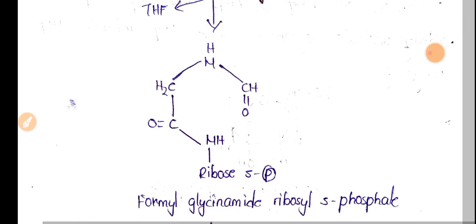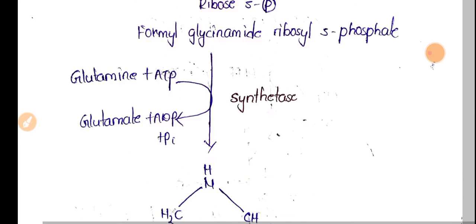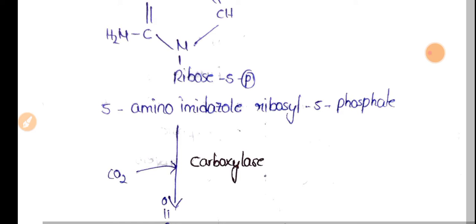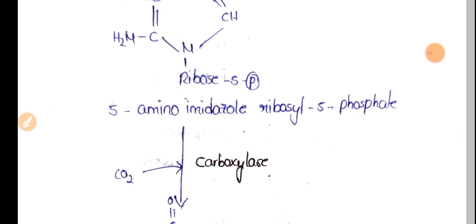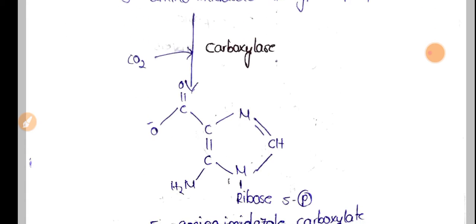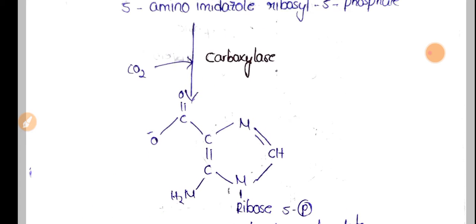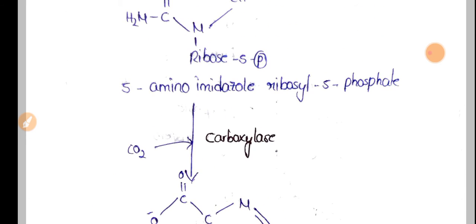If you see the structure, formyl glycinamide ribosyl 5 phosphate will be in this manner: NH CH2 C double bond O, NH C double bond O, ribose 5 phosphate, and it is converted in this manner. So the ring will be closed, and this 5 amino imidazole ribosyl 5 phosphate is converted into 5 amino imidazole carboxylate ribosyl 5 phosphate by the enzyme carboxylase.